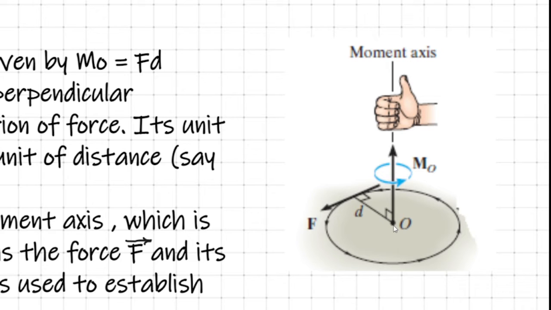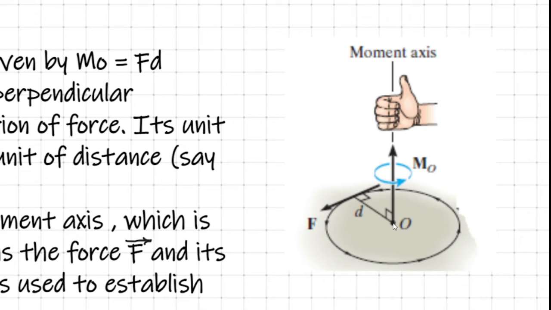Criterion 2: the moment vector MO has to be perpendicular to the plane containing the force F and the distance D. Here you can see that the moment vector makes an angle of 90 degrees with the plane containing F and D. The plane containing F and D is marked in light gray shade. So it is normal to the plane containing F and D.